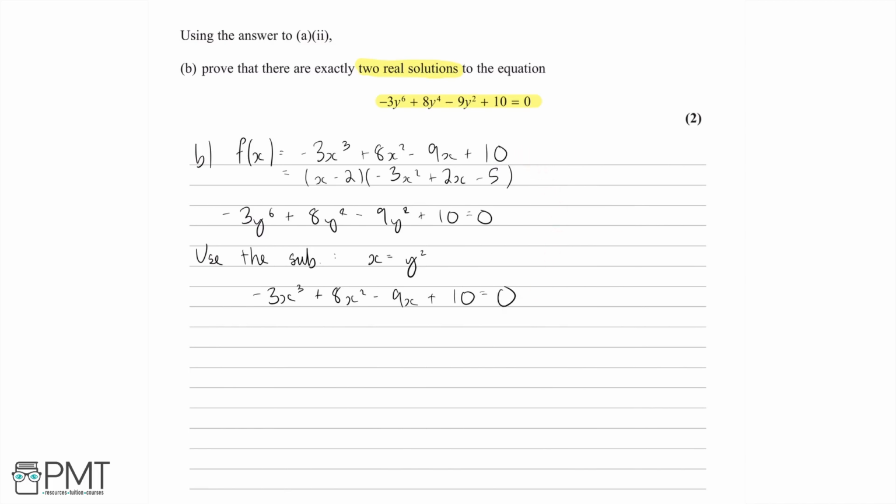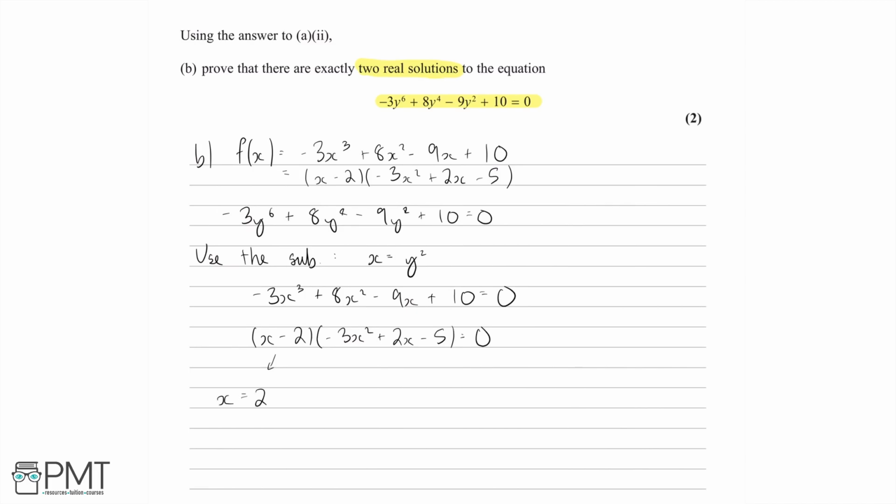So we can factorize it the same way. So we have x minus 2 times minus 3x squared plus 2x minus 5 equals 0. Now we know one of the solutions to this, which is x equals 2.